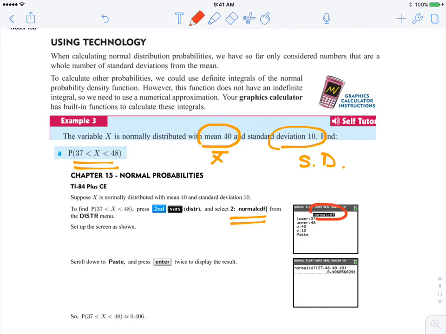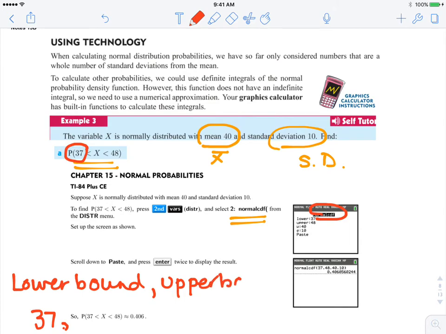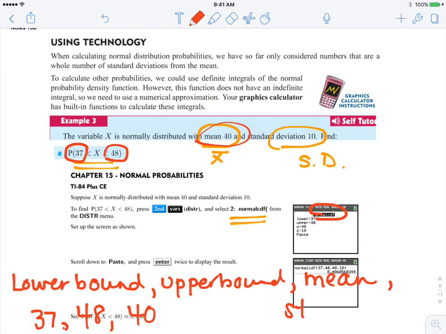normal CDF with your calculator, and I'm going to have a video that's going to go along with this. You have lower bound, which is going to go on first, so that's 37. The upper bound, which is 48. Then you have the mean, which is 40, and then the standard deviation, which is 10.